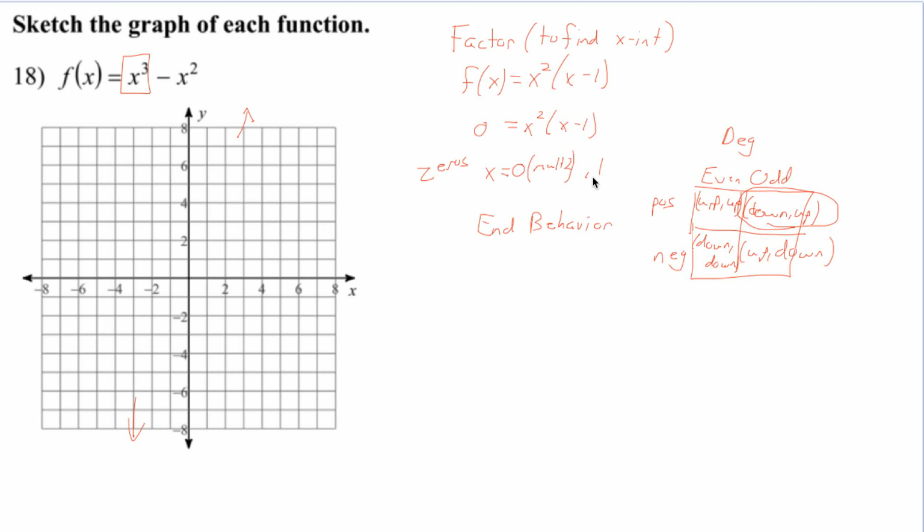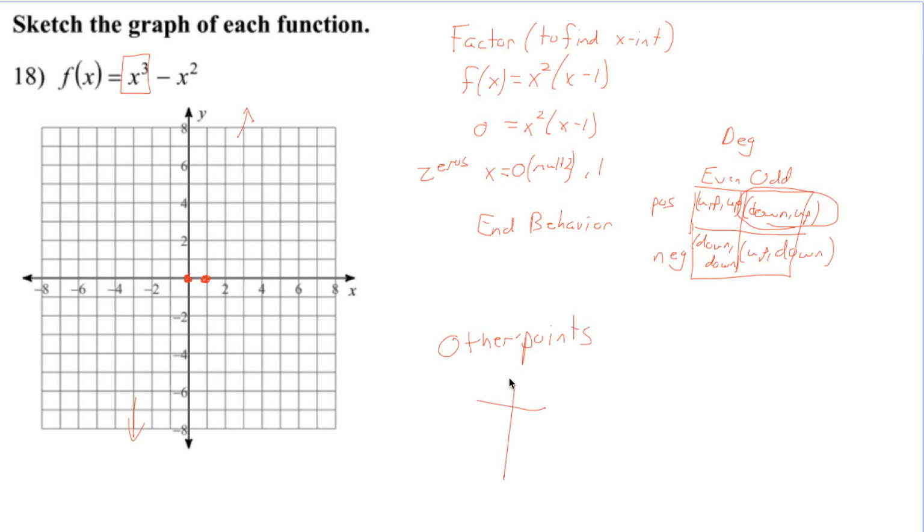Backing up a little bit, I should have actually marked these. So we have zeros at x equals 0 and at x equals 1, and that's really all we need. We could choose a couple extra points if we wanted to. Sometimes we choose the y-intercept, but we already have the y-intercept, it's 0.